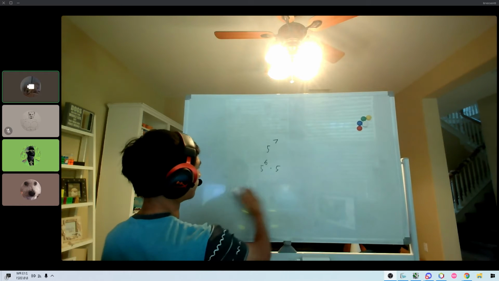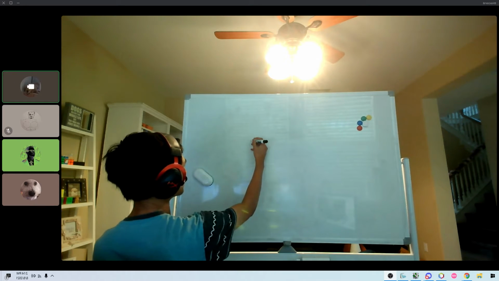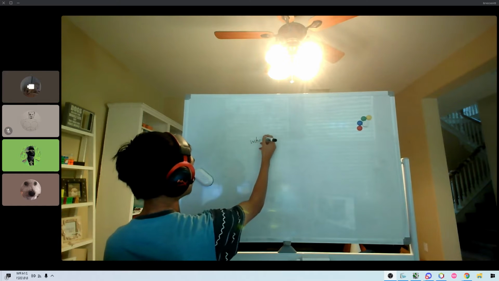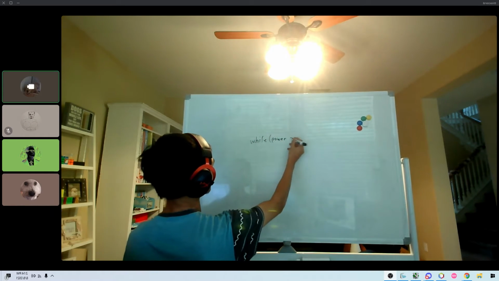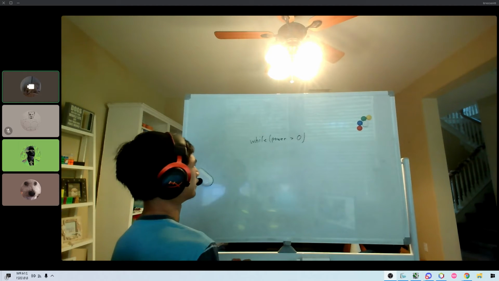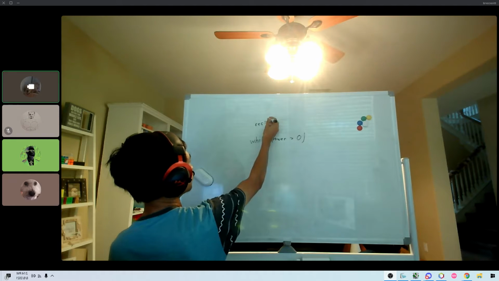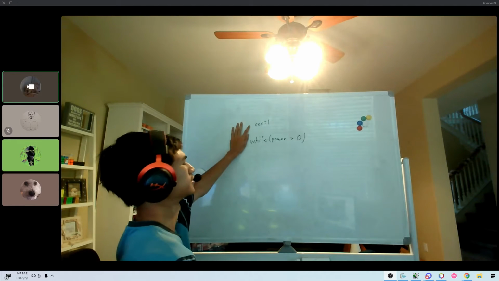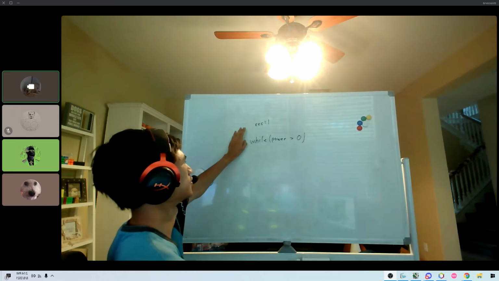So what binary exponentiation ends up looking like is you loop while your power is greater than 0, and your result will start as 1, and it has to start as 1 because if it starts as 0, then anything you multiply would just go to 0, right?